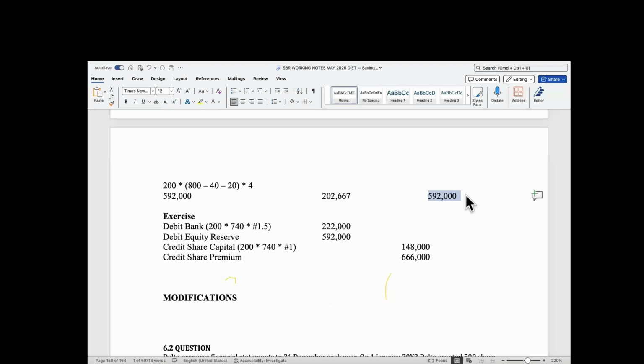But in addition to this reserve, they are also paying. So this is what we are collecting from them: the reserve and the money they are paying in exchange for shares. What goes to share capital is nominal value, and whatever excess goes to premium. So this is what we are getting from them, and this is what we are giving to them.